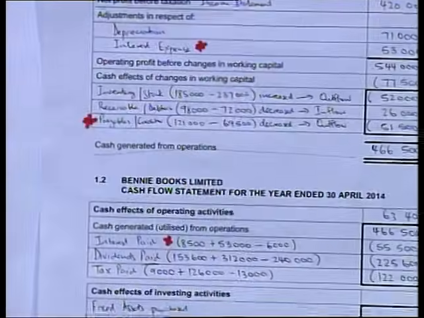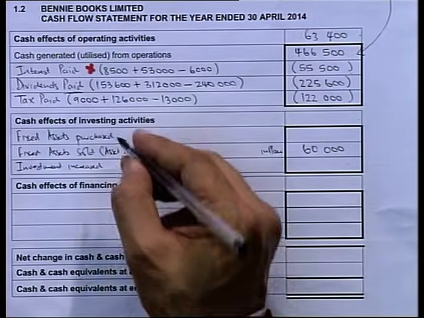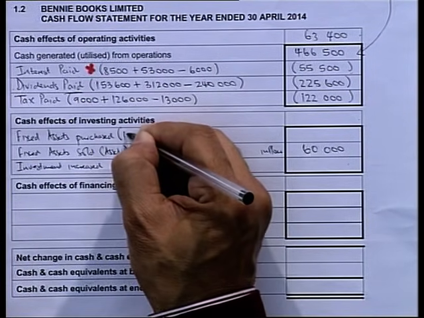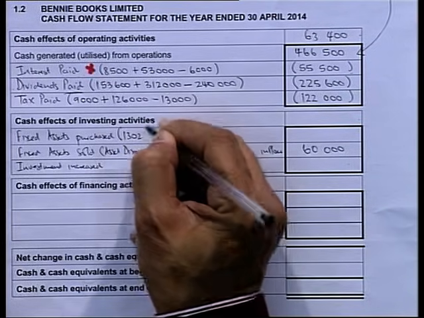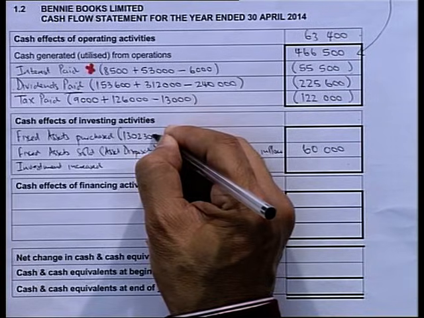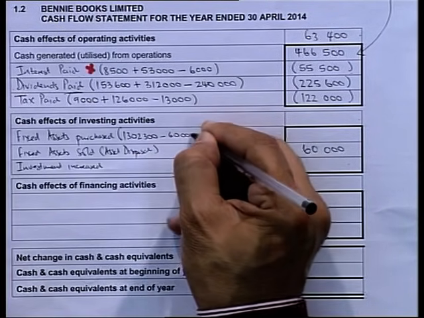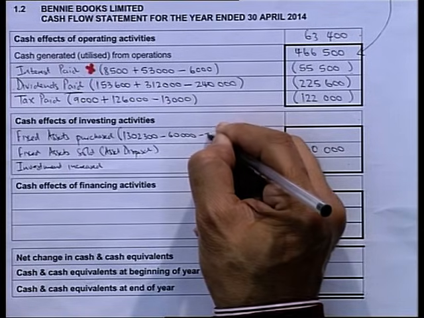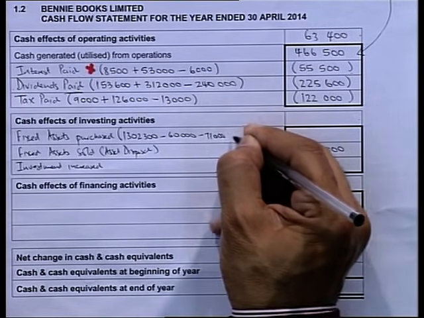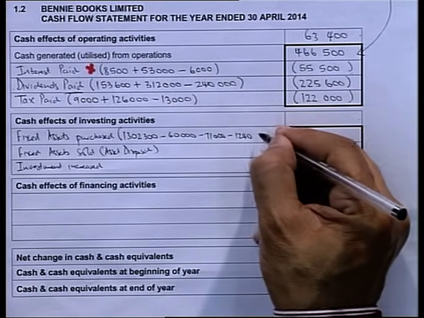So on your answer page, next to fixed assets, you're going to start with 1,302,300 minus 60 minus 71 and minus 1,240,800.